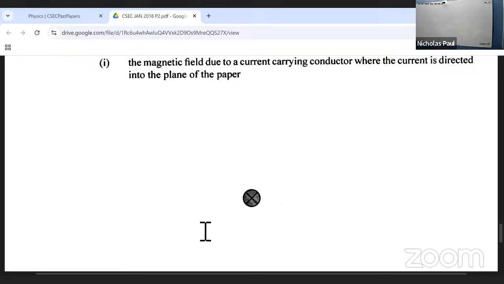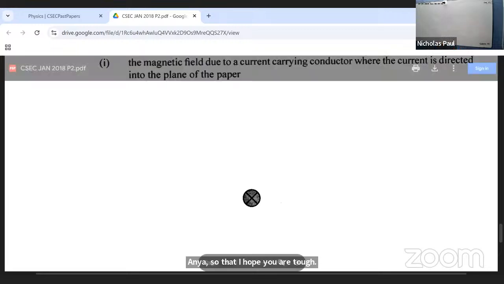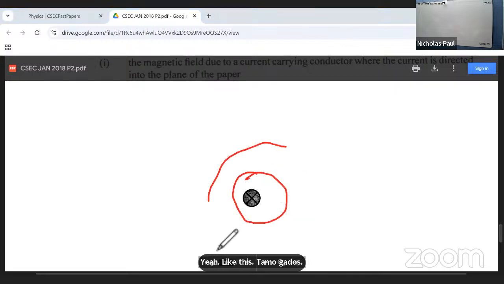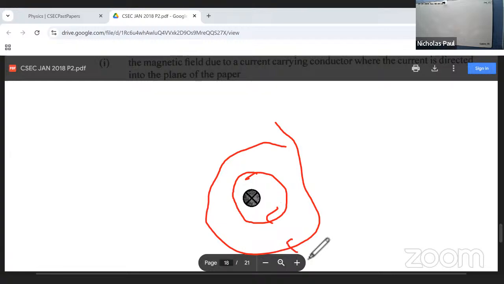Ready? So X means what? X means in or out? In, so that would be clockwise. So you will draw it like this. Clockwise, supposed to be circles.